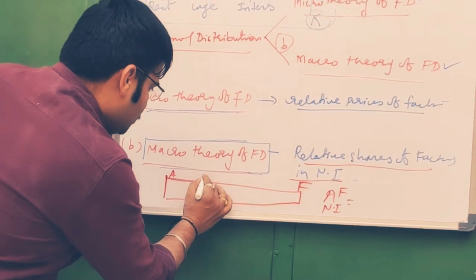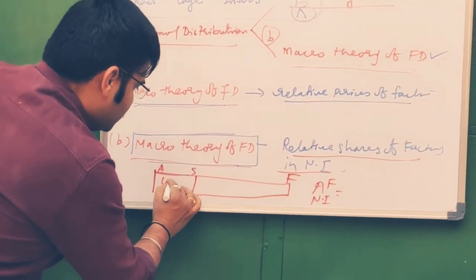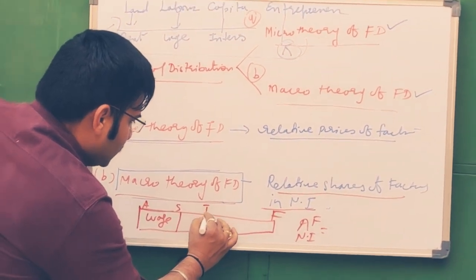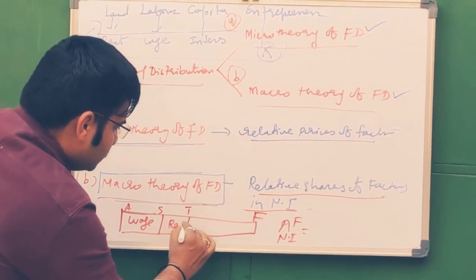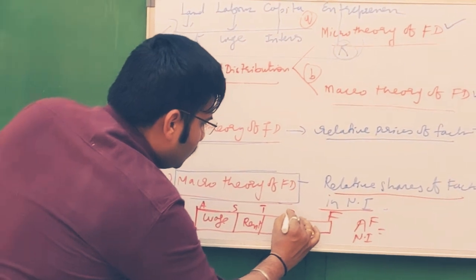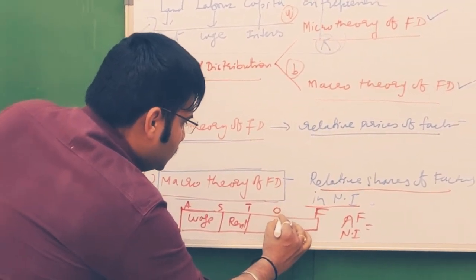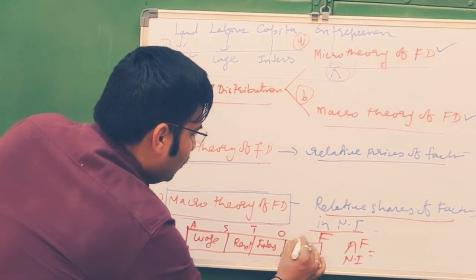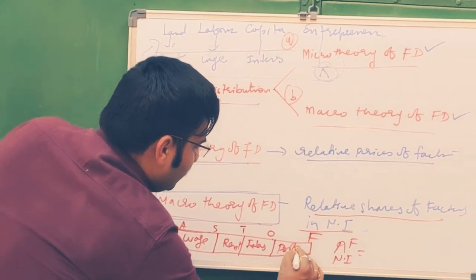A to S is wage, S to T is rent, T to O is interest, and O to F is profit.